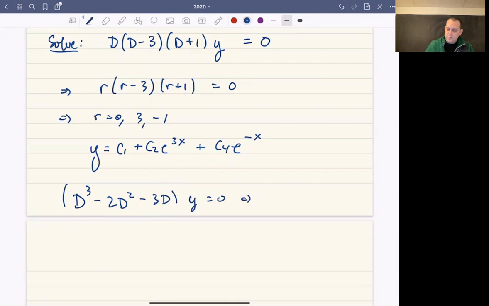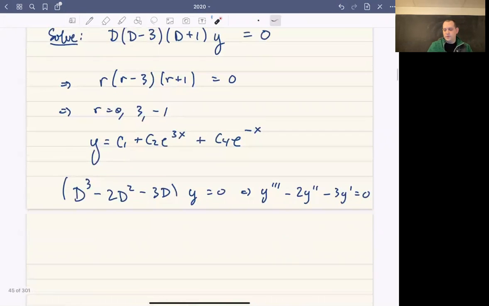So in other words, you'd be looking at the differential equation y triple prime minus 2y double prime minus 3y prime equals 0. And then you'd have to figure out the corresponding characteristic equation. How does that factor? Well, it factors nicely here. So that saves us that step of having to factor there.